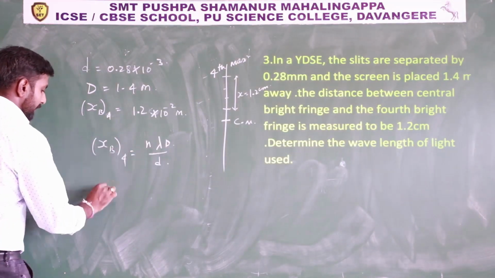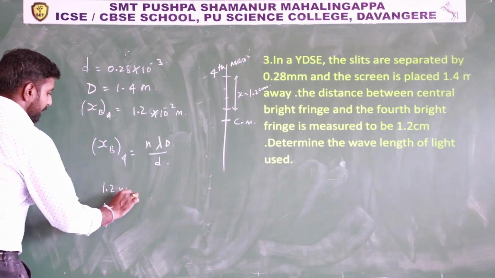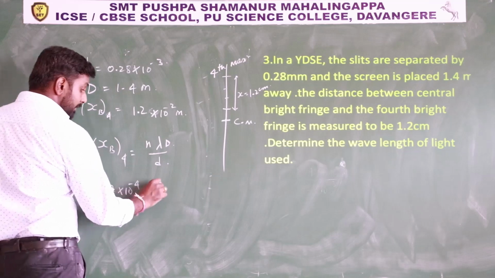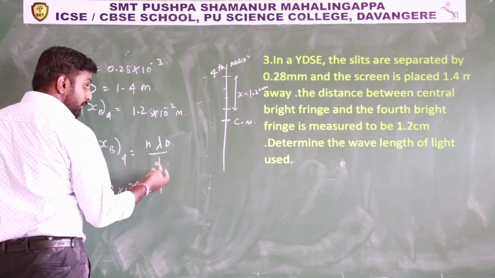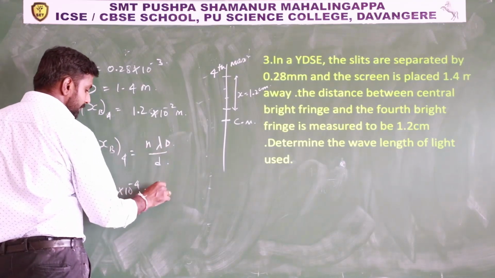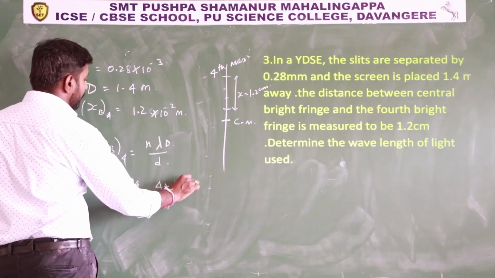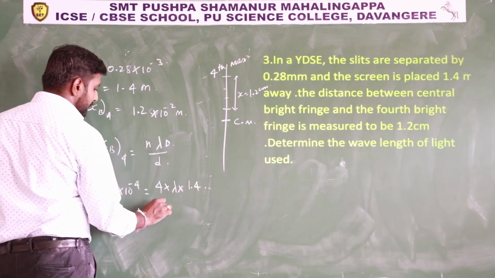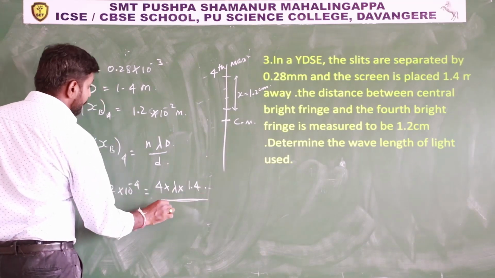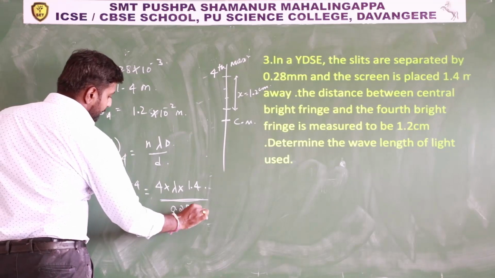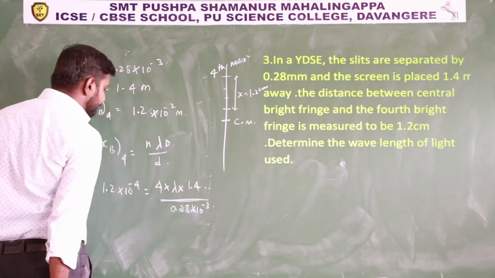Here n value is 4, because you have to consider the fourth bright fringe, into lambda, which you have to find, capital D is 1.4 meters, divided by small d, that is 0.28 into 10 to the power minus 3.